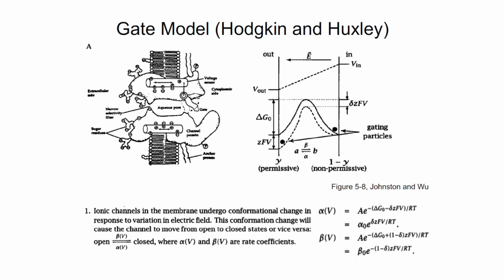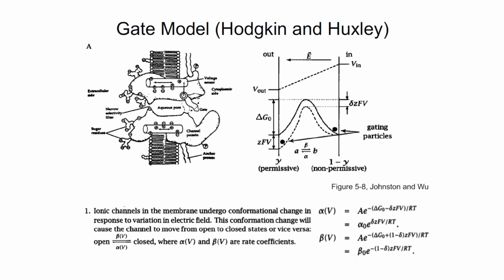They did not know what ion channels actually were, or the method by which they open and close, the reason behind it. But what they described are gating particles. If your gating particle is at this non-permissive end, it will not open. If it is at this permissive end, it will open.